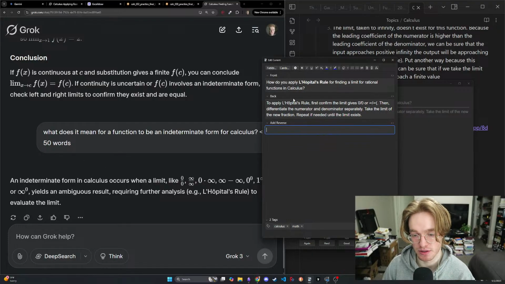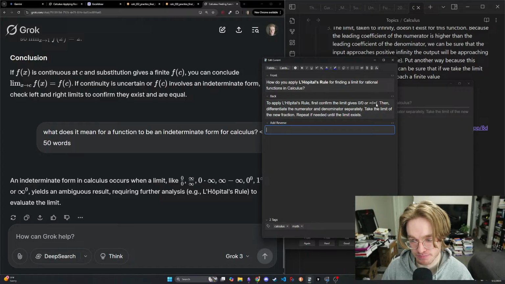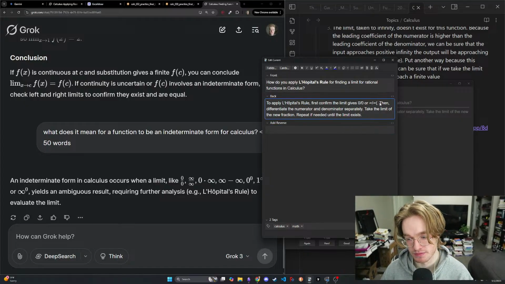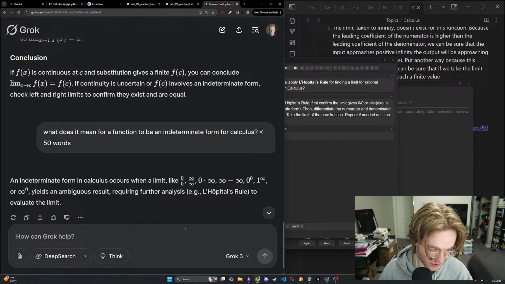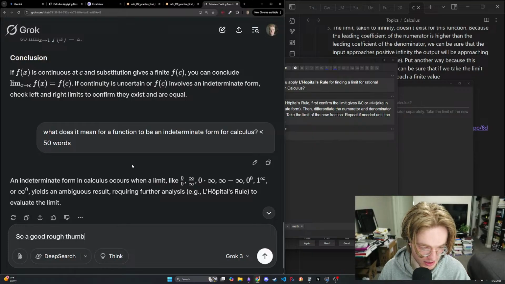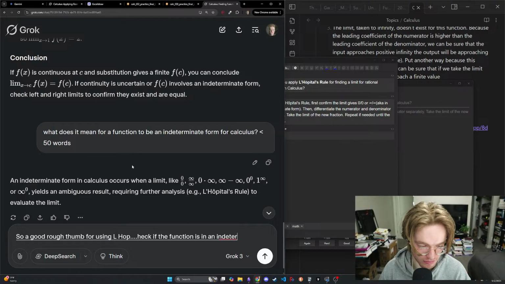Okay, so I'm going to do AKA in indeterminate form. So a good rule of thumb for using L'Hopital's rule is to check if the function is in an indeterminate form.